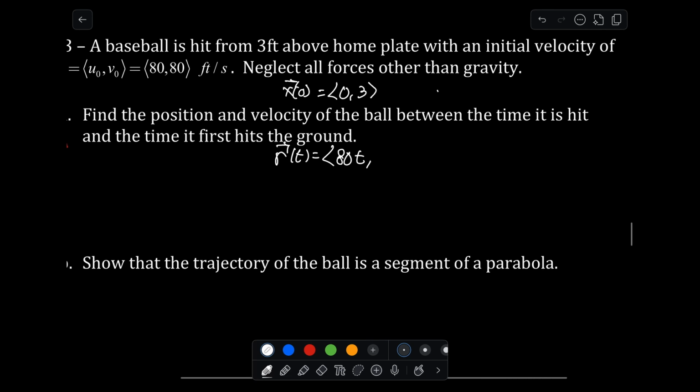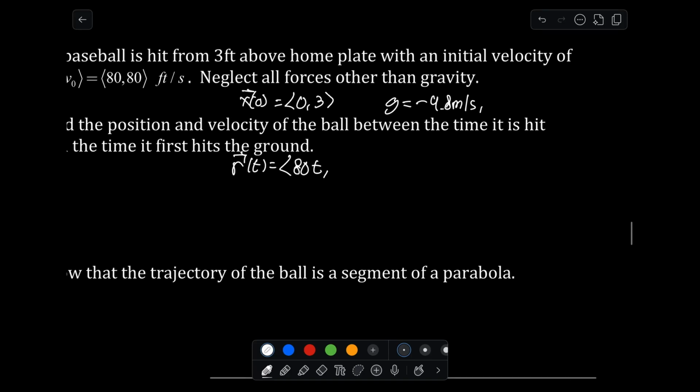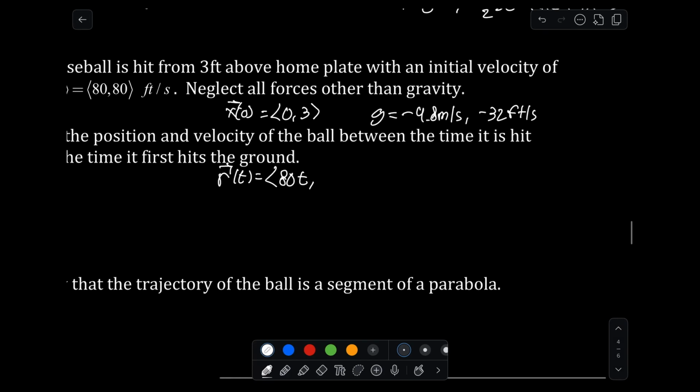And in fact, when we use g, we're often going to use negative 9.8 meters per second squared. But this problem is a little bit different because it's in feet per second, so we have to do the conversion from meters to feet. We get negative 32 feet per second squared. It's annoying, I know, because we're usually used to using the metric system, but in this case, we have to use the imperial system. And now we just have to plug and chug the rest of this into here.